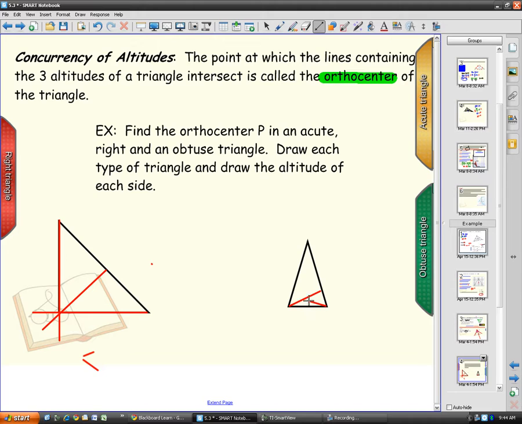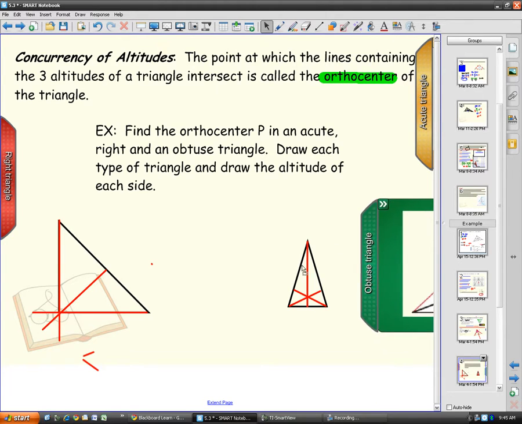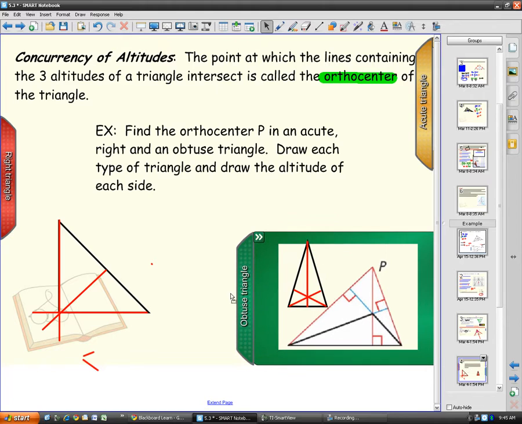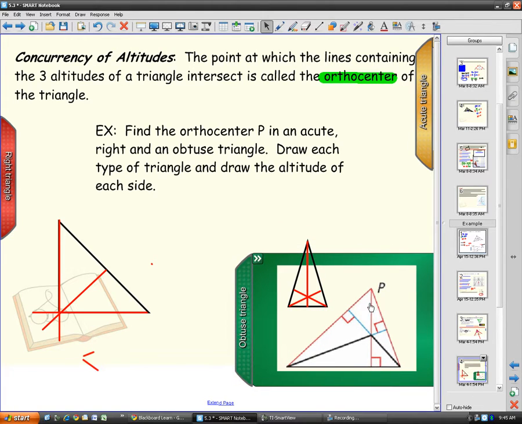So you can see that in an acute triangle, when all the angles are less than 90 degrees, you'll end up with the orthocenter being inside. If it is a right triangle, it'll end up on, and just like we talked about in the previous one, in an obtuse triangle, the orthocenter is outside, and you can see the triangle is the black one, and the point, the orthocenter, is way out here. Okay, and you can see that from the previous one that we did.